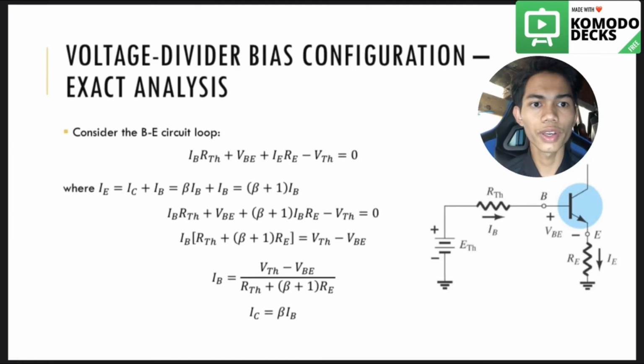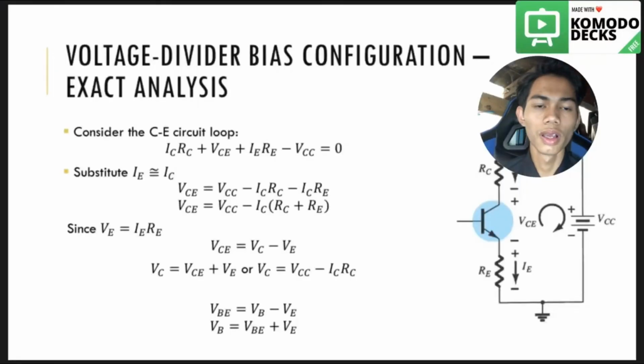Voltage divider bias configuration exact analysis. Consider the BE circuit loop. Voltage divider bias configuration exact analysis. Consider the CE circuit loop.